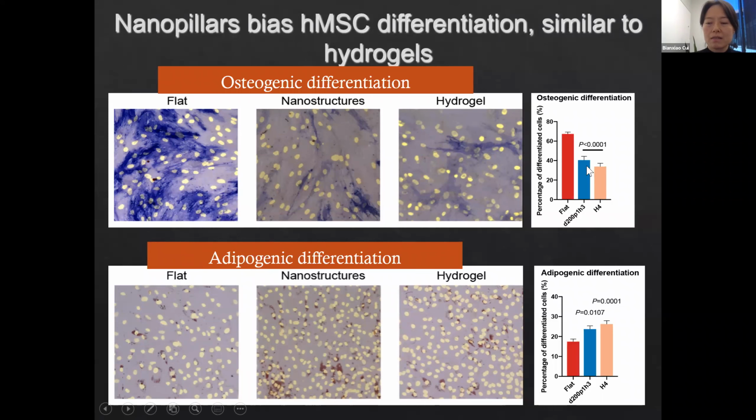I'll skip the description, but you can see that on hydrogel and on nanopillars, the cells are much less likely to differentiate into bone cells than on flat, which is opposite for fat cells. Fat cells are soft cells. Bone cells are more rigid cells. They prefer more rigid substrate.